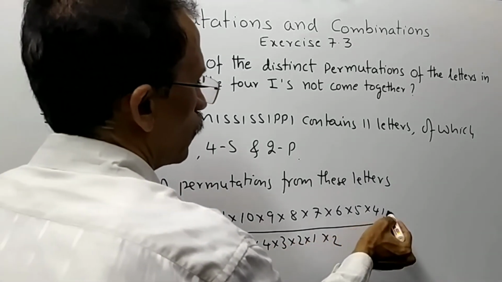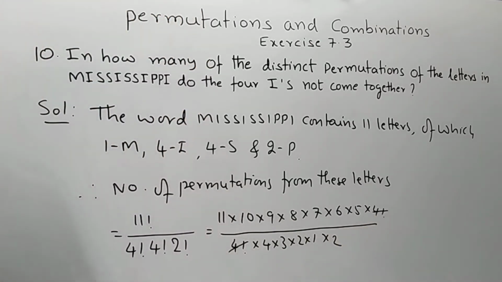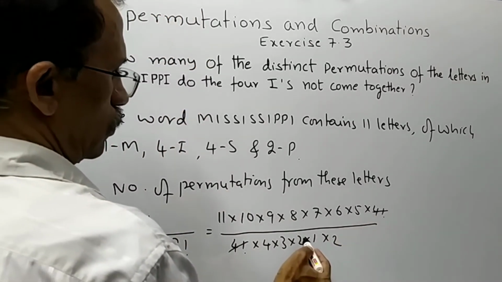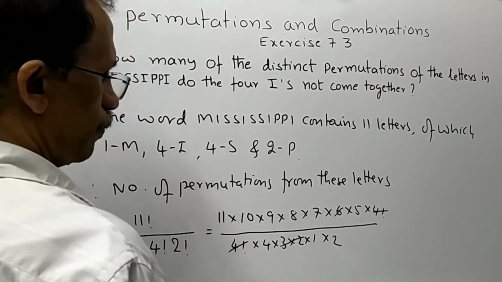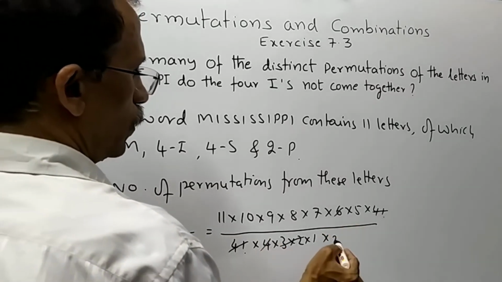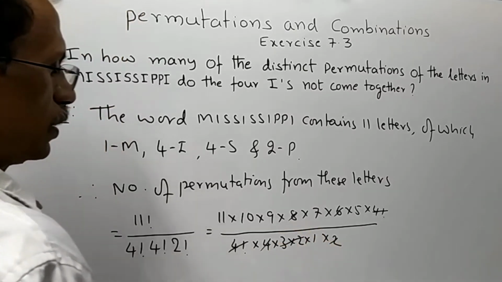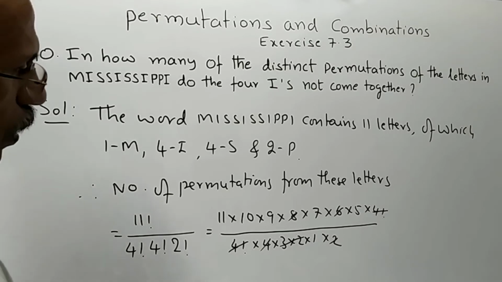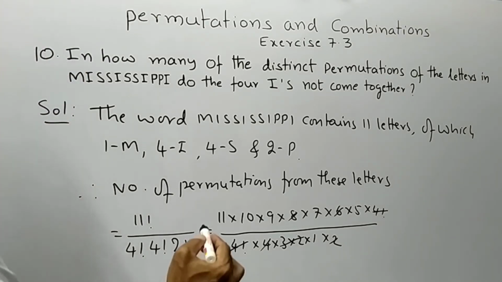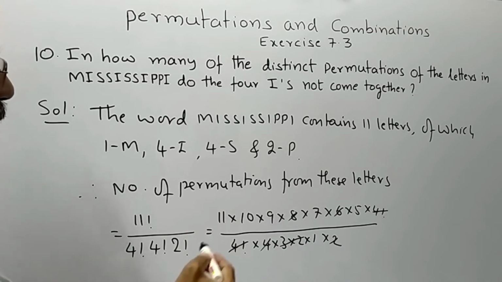Factorial 4 we can cancel from both numerator and denominator. 3 into 2, 6, we can cancel with 6. 4 into 2, 8, we can cancel with 8. Now we should find a product. We can make group of numbers while finding the product. 11 into 5, 55 into 10, 550.